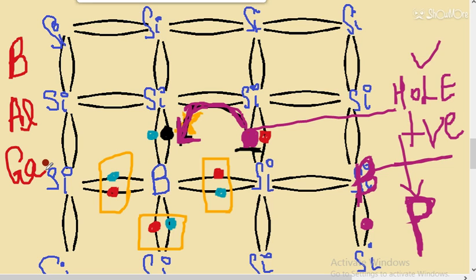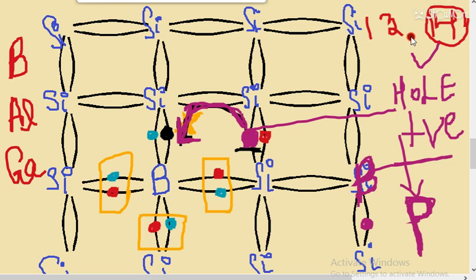Whenever we dope group number 13 into group number 14, we get a p-type semiconductor. Okay, so I hope it is clear.